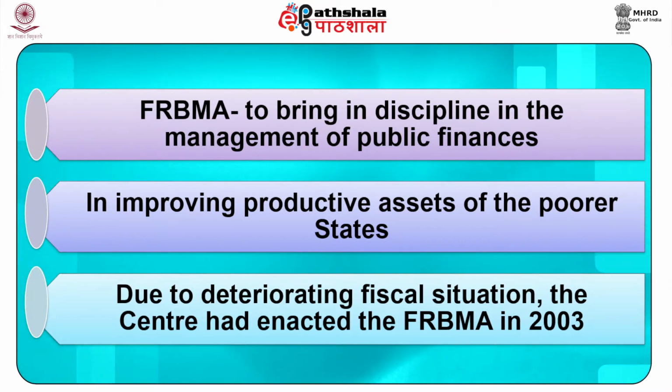Alarmed by the deteriorating fiscal situation, the centre had enacted the FRBMA in 2003, which became operational from July 5, 2004. The main obligations of the centre under the Act and the rules framed under the Act are the elimination of revenue deficit by 2008-9 and reduction of fiscal deficit to no more than 3% of the GDP by 2008-9.